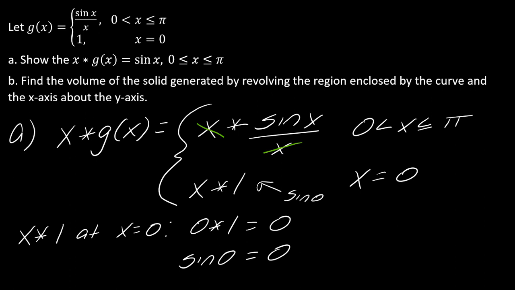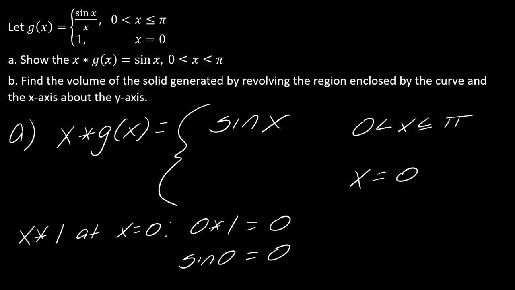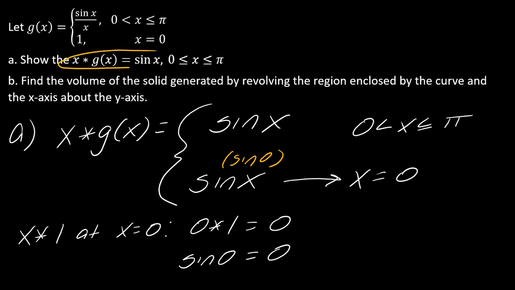Now I can rewrite both of these lines, so maybe I'll erase. We already showed this top part definitely equals sine of x, and then this also equals sine of x at x equals 0. So this line really means sine of 0. Okay, so we've proven this part. We've proven that x times g of x, no matter what, will equal sine of x for all values on this interval. So that's all we were asked to do.